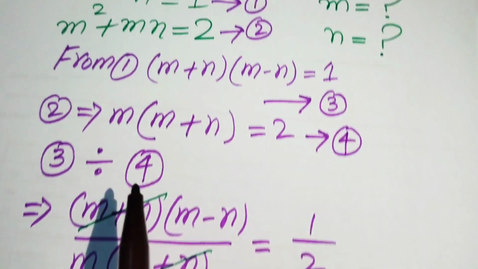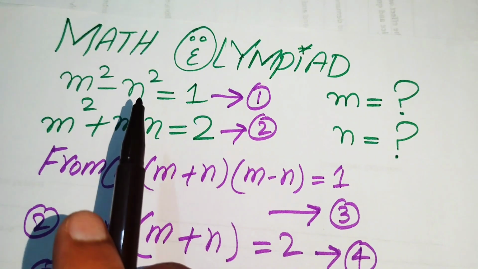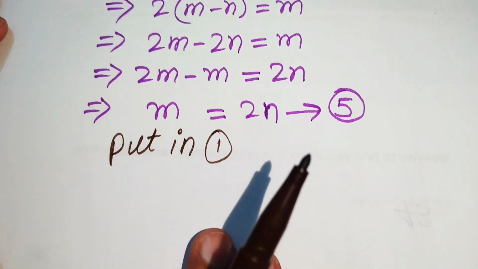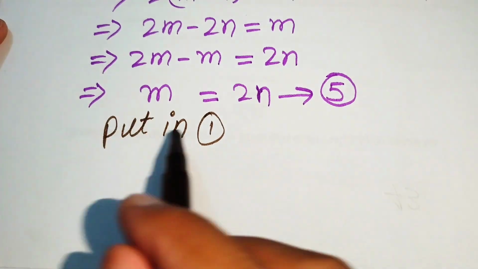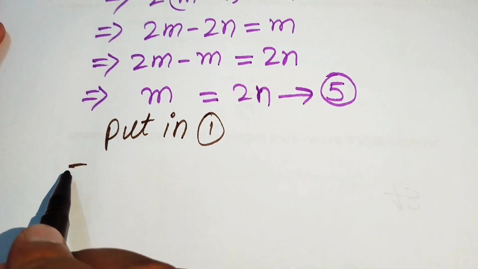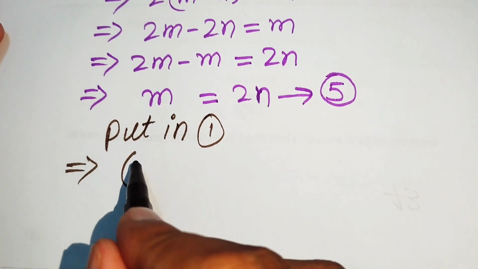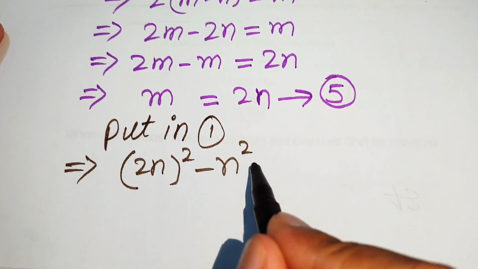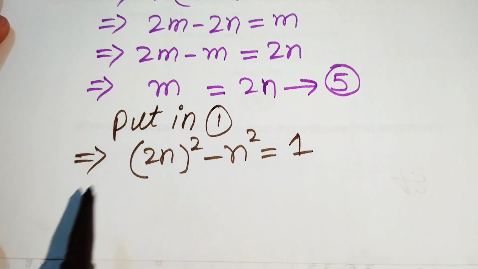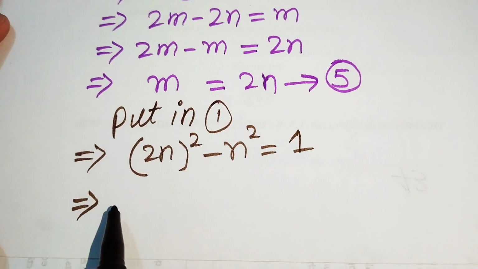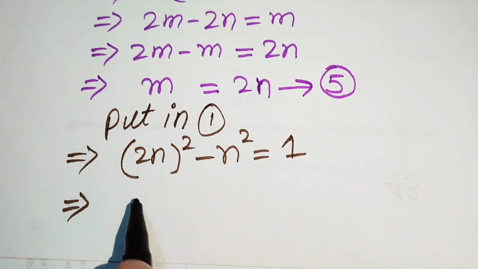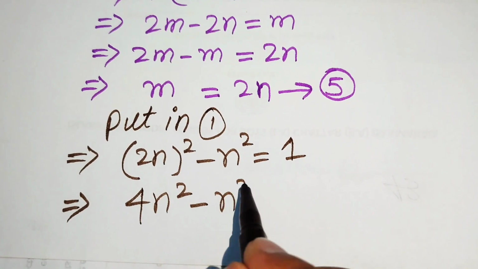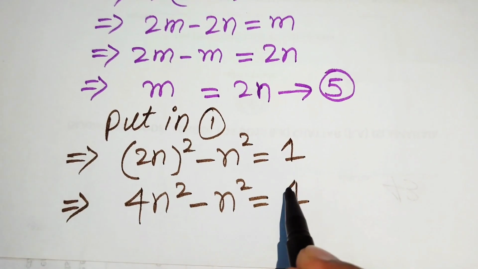So you see here this is our equation number 1, m square minus n square equals to 1. So we substitute this value of m in equation number 1, and it is written as m square. So our m is 2n, square minus n square equals to 1, and here we need more simplification, and we write this 2n square equals to 4 times of n square minus n square equals to 1.